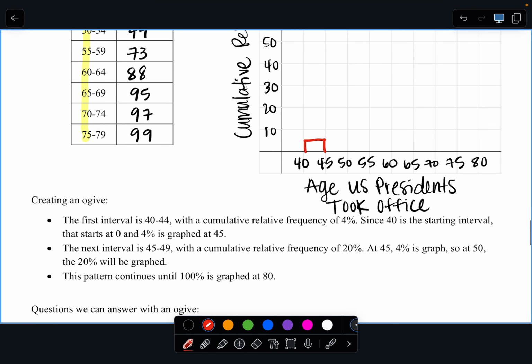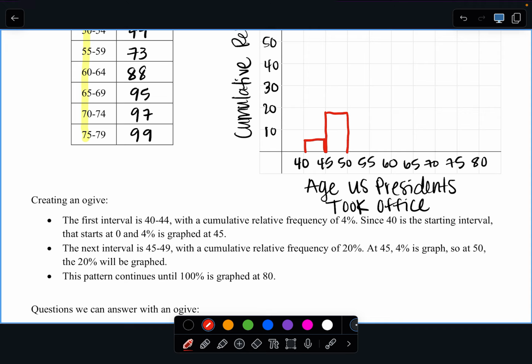And then, moving to the next one, the 45 to 49 range, that had a cumulative relative frequency of 19. So, speaking as if this were a histogram, I would draw another bar right next to it that had a height of 19.